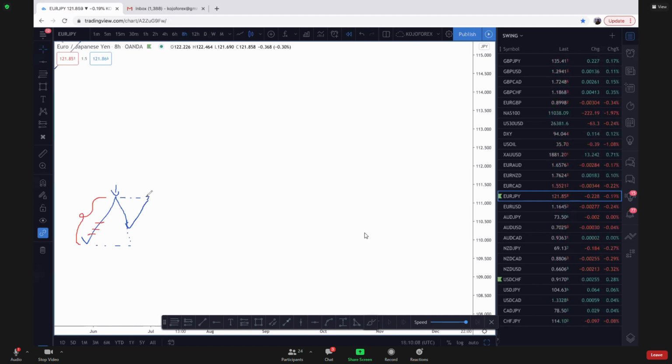So here becomes an interesting point where the whole world watches, including retail traders and big players, especially on the higher time frame: the 4-hour, the daily, the 2-hour, whatever higher time frame you are looking at.